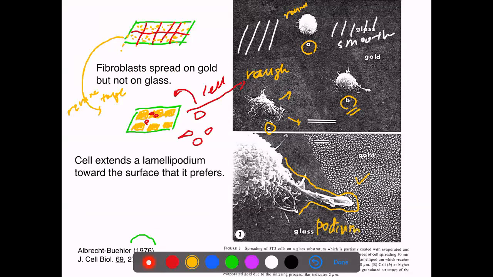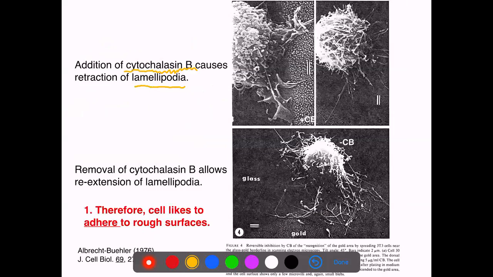This is just one foot, and then this looks like a layer. So they call it lamellipodia. So lamellipodia was able to be blocked by cytochalasin B.